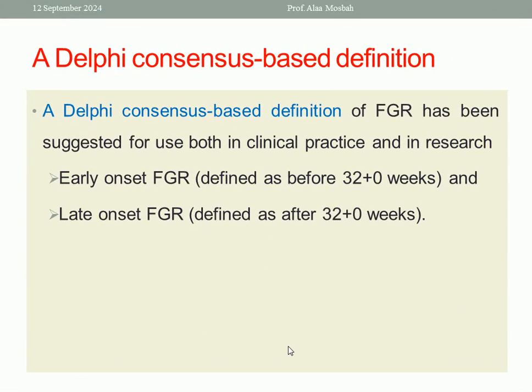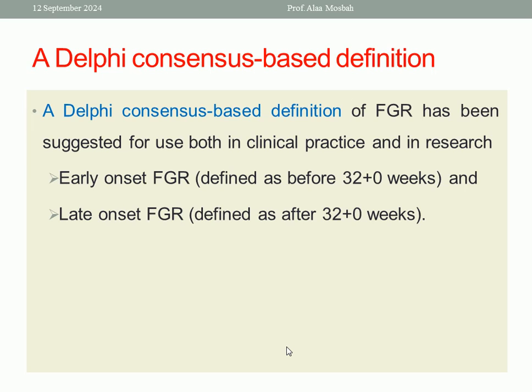According to the Delphi consensus-based definition, fetal growth restriction has been suggested for use both in clinical practice and in research. They divided fetal growth restriction into two big categories: early onset fetal growth restriction and late onset fetal growth restriction.